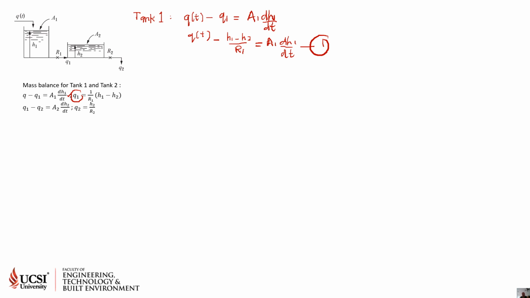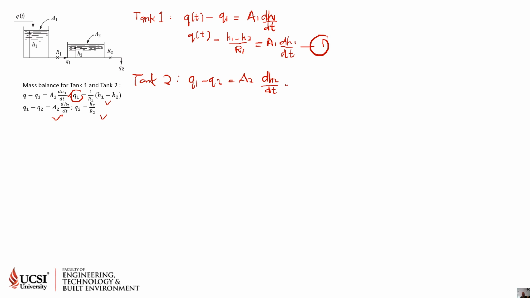So we go to tank 2. Tank 2 is Q1 minus Q2, as stated here, equals A2 dH2 over dt. So I can substitute the related equations here, which are Q1 and Q2.